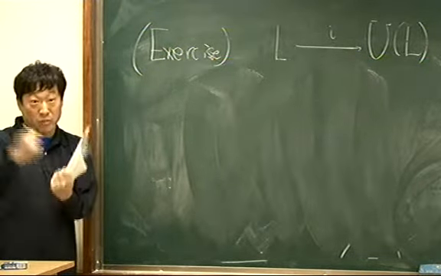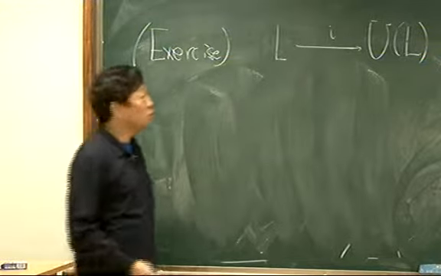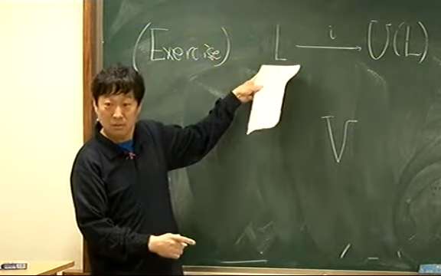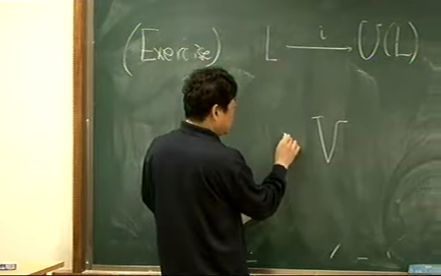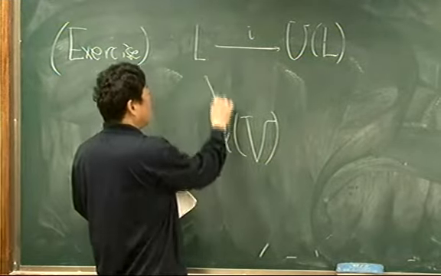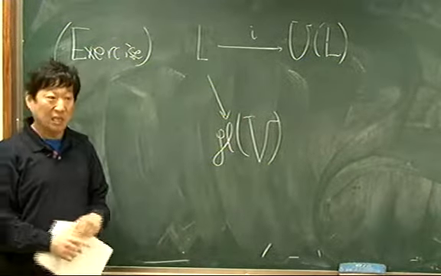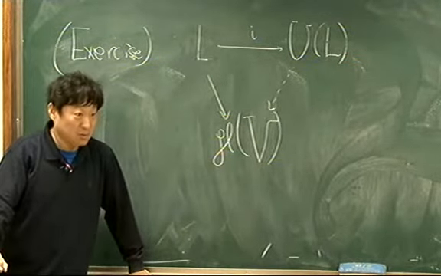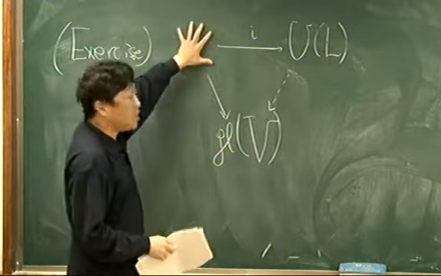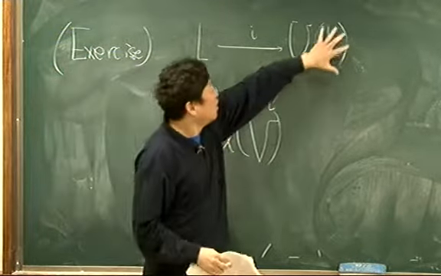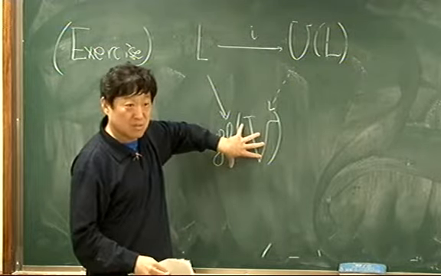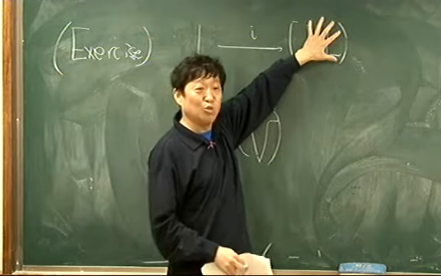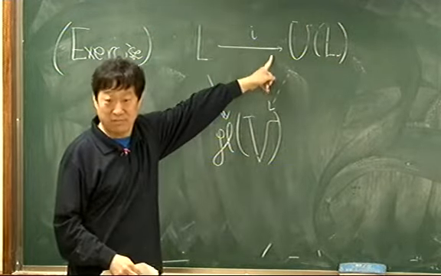That's the idea of the universal enveloping algebra. It's like a group algebra for a group. So if you have a representation of L, then you will have a map to GL(V) and you will have a representation, right? Then there is an algebra homomorphism. So if you have an L module, then you will have a UL module. Conversely, if you have a UL module, then you will have an L module because i is injective.